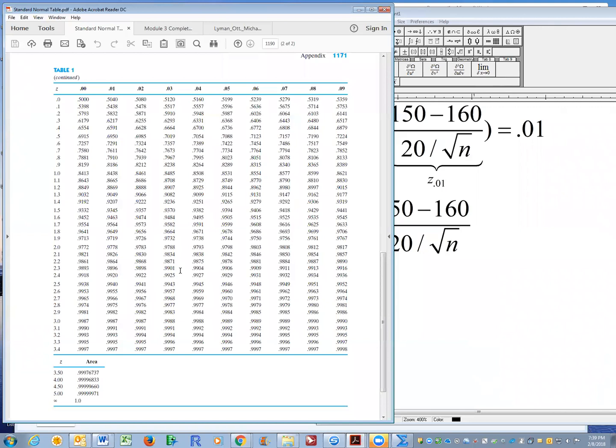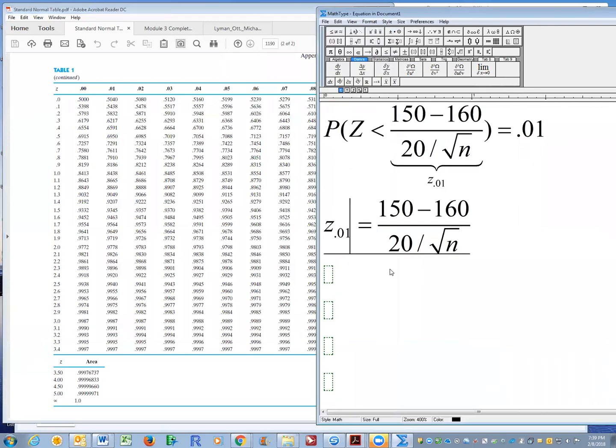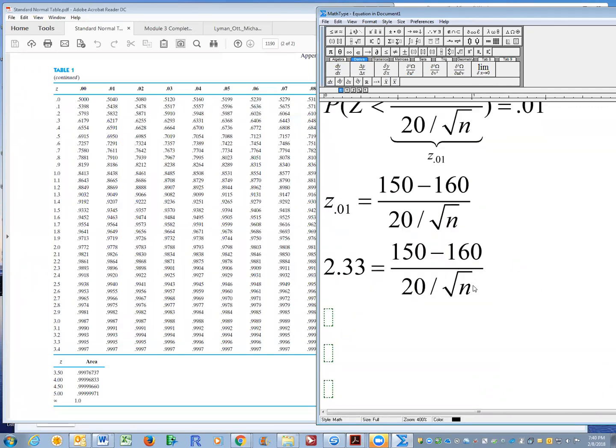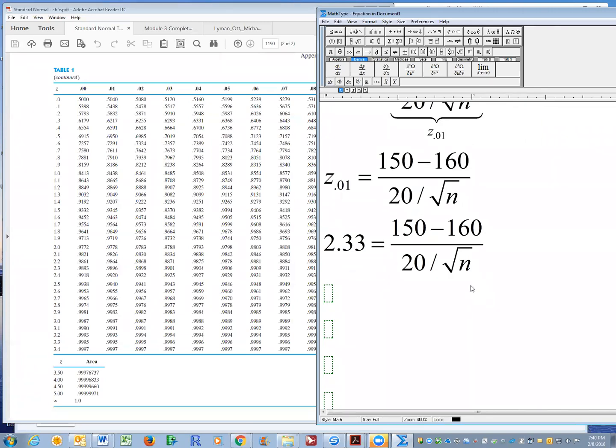So that's a Z score of 2.33. So then this 99th percentile is 2.33. So I have 2.33 equals this stuff, really. Is that okay? Yes. Okay.